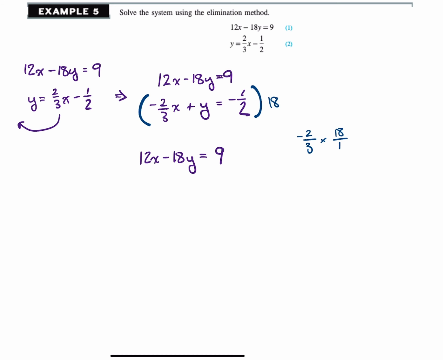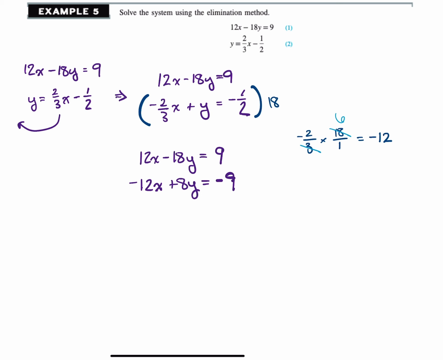You can view it like this. 3 goes into 18 6 times. So negative 2 times positive 6 is negative 12. So sometimes it's worth doing the fraction stuff on the side. So that gives me a negative 12x plus 18y, multiplying that y by 18. And then 18 times negative 1/2, that's like dividing it by 2, and it picks up the negative, so this will become negative 9.